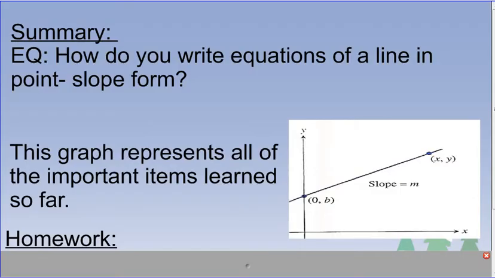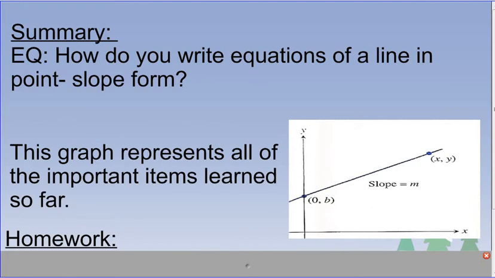So, how do you write equations in point-slope form? See if you can write down a little answer. I have a graph here on the screen that kind of represents some of the information from the lesson. So, how do you write the equations in point-slope form?